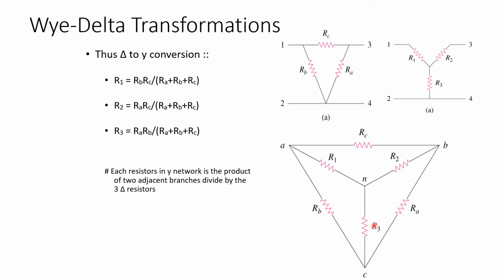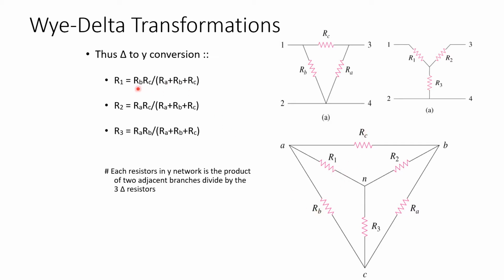Now the target is, when you are converting delta to Y, you have to find the values of the Y network, which are R1, R2 and R3. So R1 is equal to RB into RC divided by the total resistance, the sum of the resistances of that delta network. From the figure you will see that R1 is in between these two resistors, RC and RB.